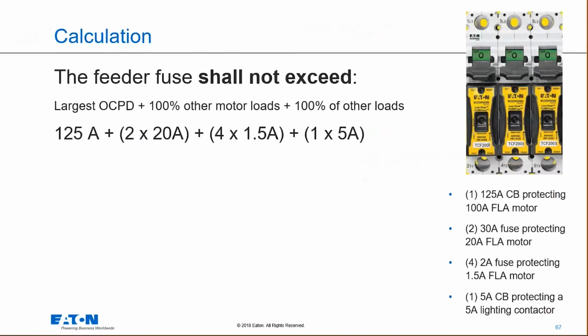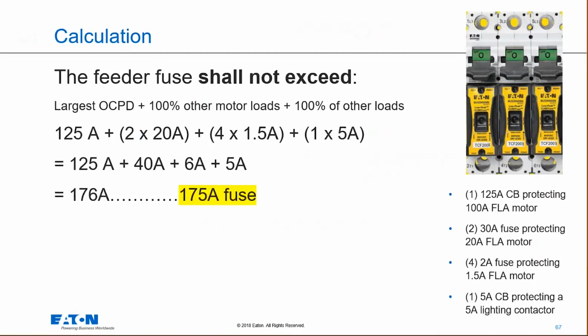So in this case, we have our 125 amp branch device. We have our motor loads that were 20 amp. We have two of those. We've got four of them that were at 1.5 amps. And we finally have our lighting contactor that was a 5 amp application. So when we come up to this, we're going to pull out a 175 amp fuse. So it shall not exceed that value.